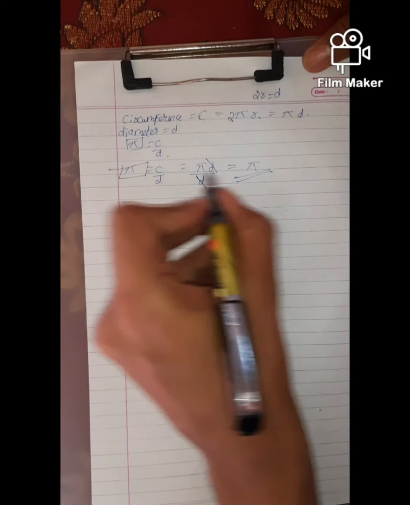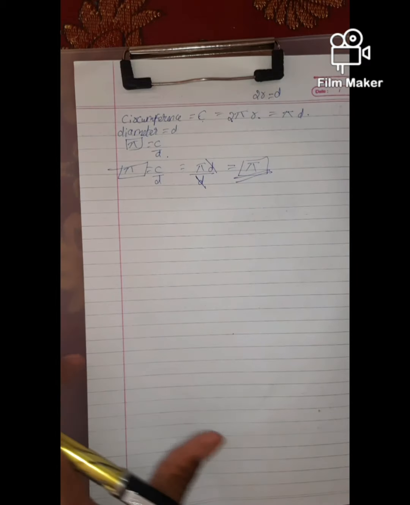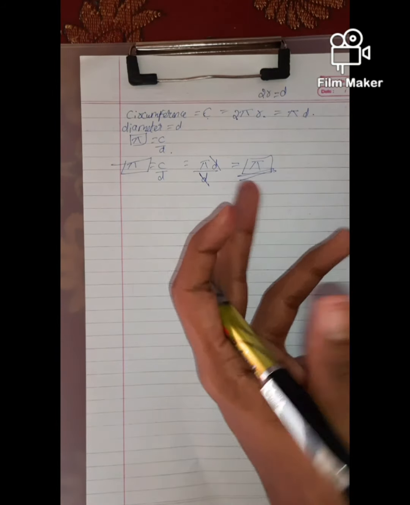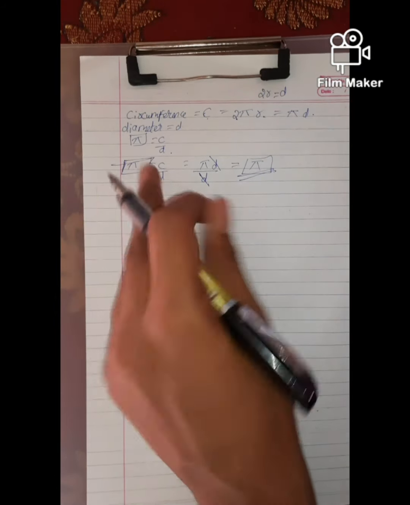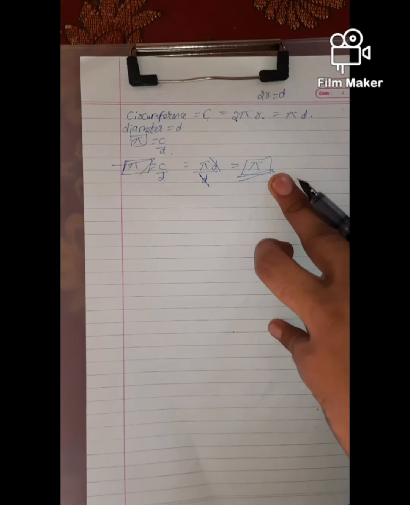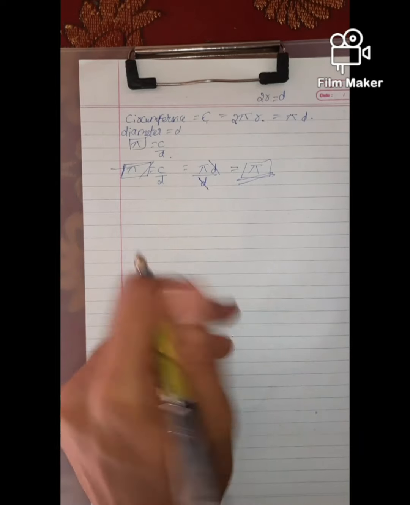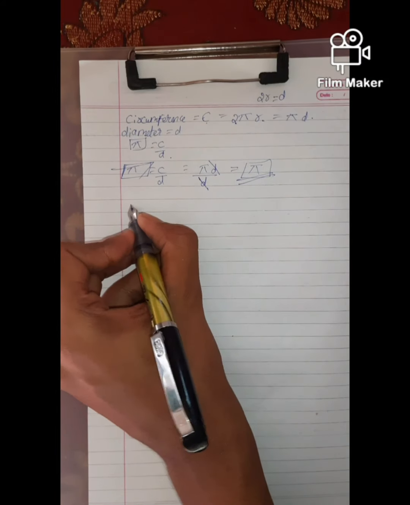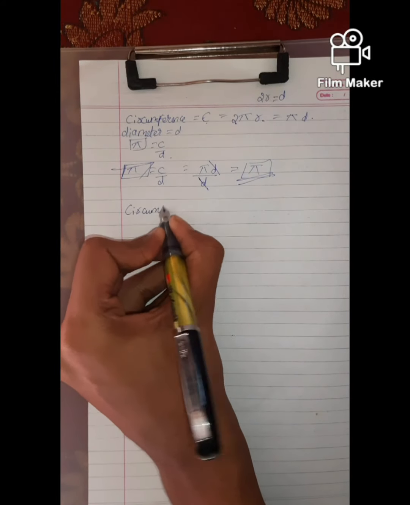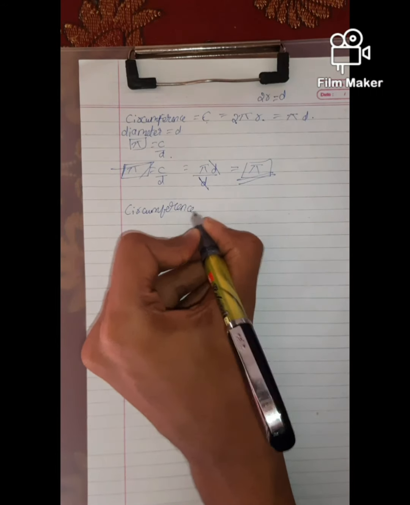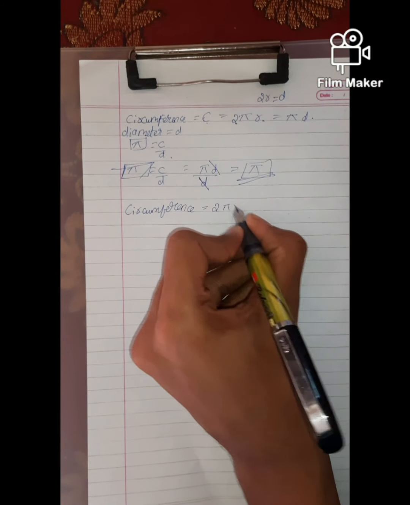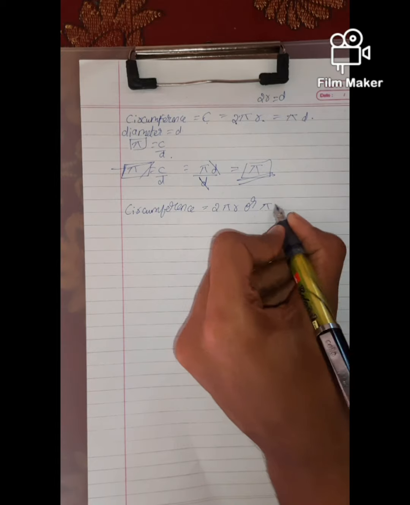So this is the value of pi, and we will resolve the problem that pi is an irrational number. As from here you can see that pi is an irrational number because we get pi again. So like this we resolve this problem. As you can remember, the formula of circumference is always equal to 2 pi r or pi d.